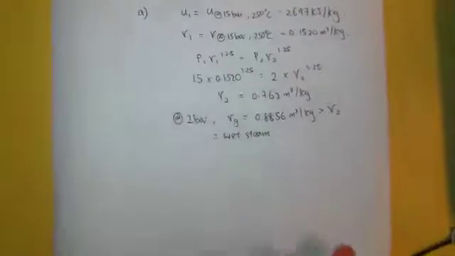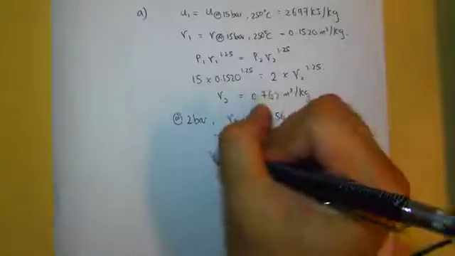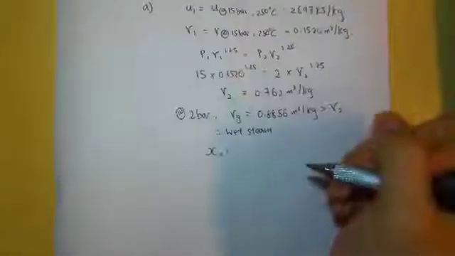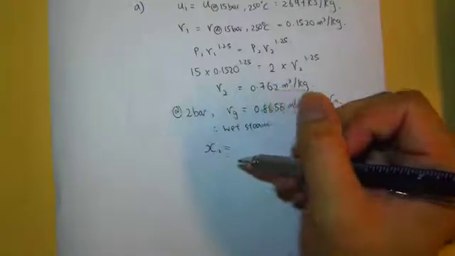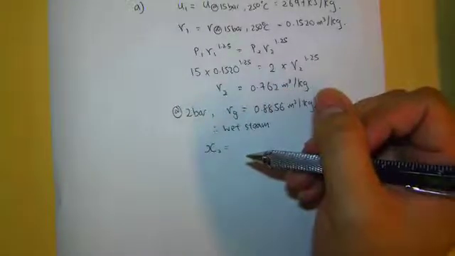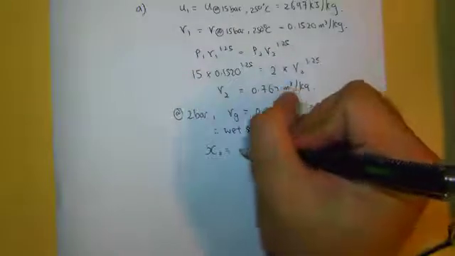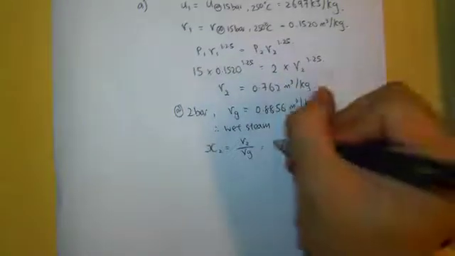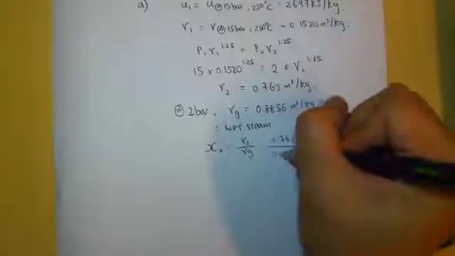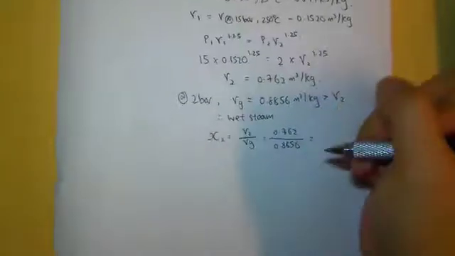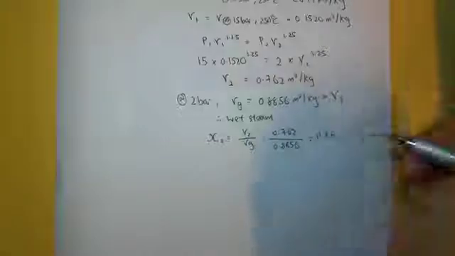Right? Since this is wet steam, before we can even calculate the U2, we must first find out the dryness fraction, because this is the value that is paramount for the calculation of all the values in wet steam. So this will be V2 over Vg, which is 0.762 divided by 0.8856, and this will give you 0.86.